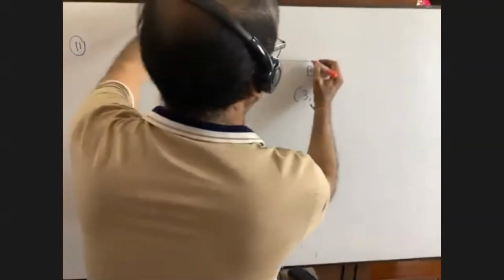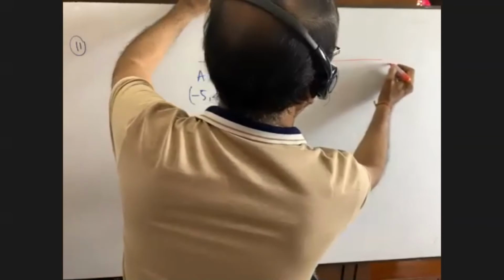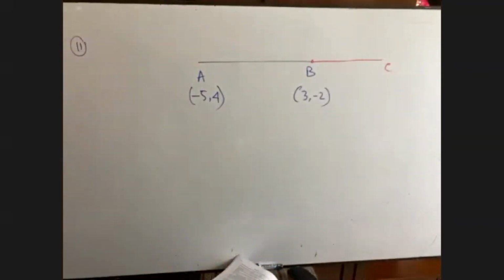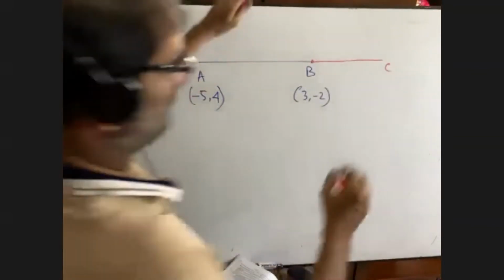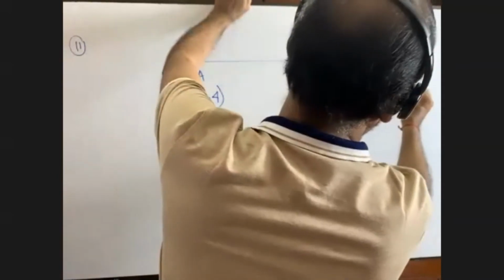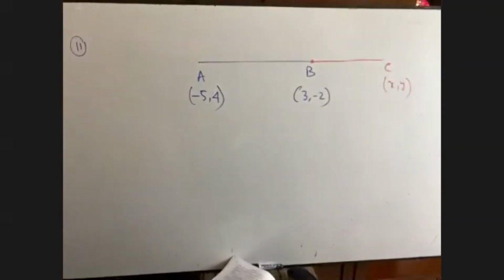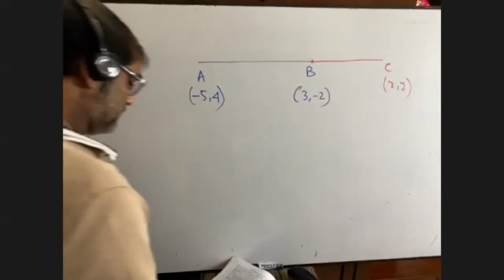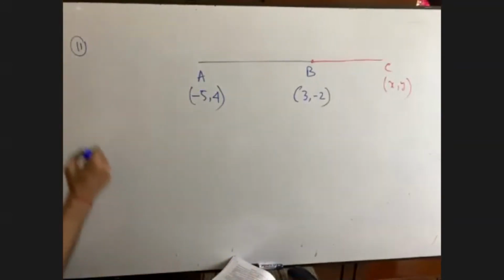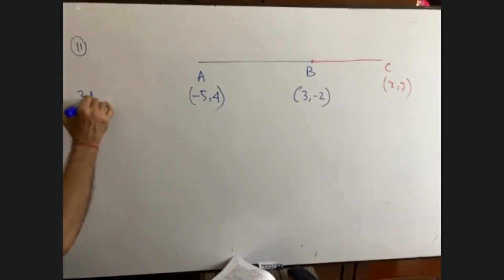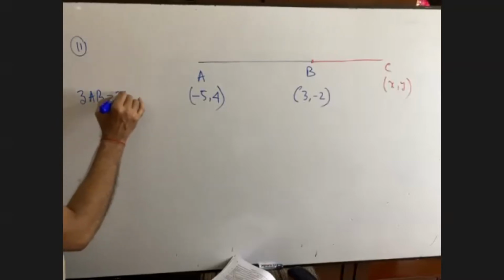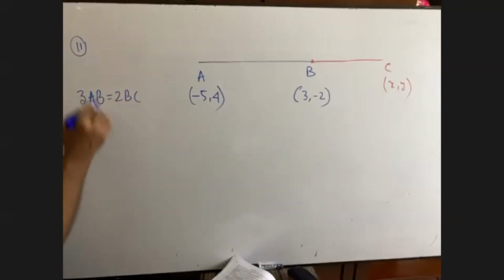You produce AB up to C. Okay, and we don't know C. We have to find C. It is x, y. We have to find x, y. Condition is given in this question, that is thrice AB is equal to twice BC.